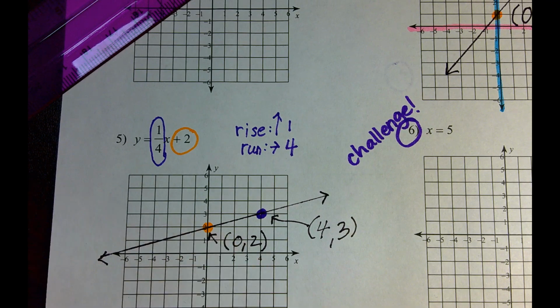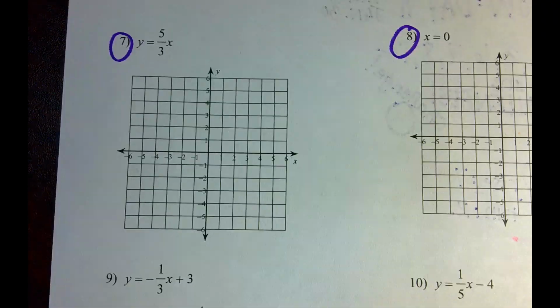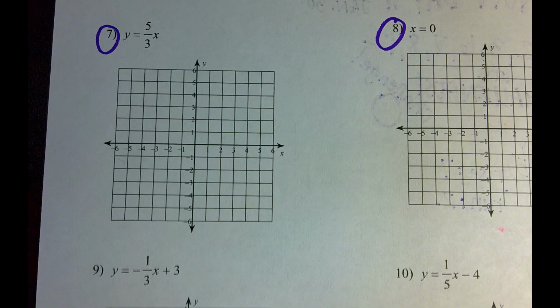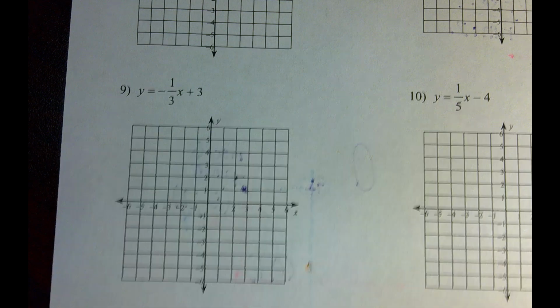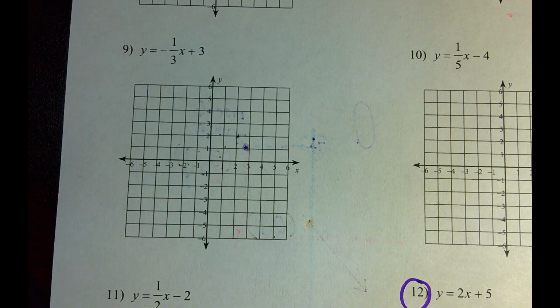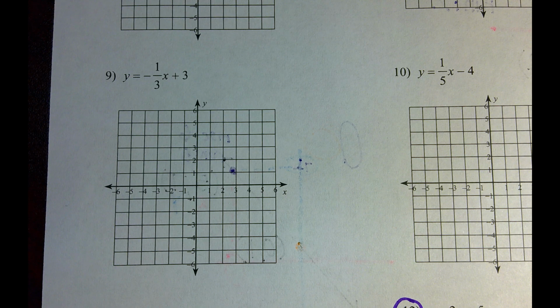All right. Let's go ahead and flip to the back side. And we're going to skip 7 and 8 for now. And let's look at number 9. Okay. So, for number 9, what do I do first?